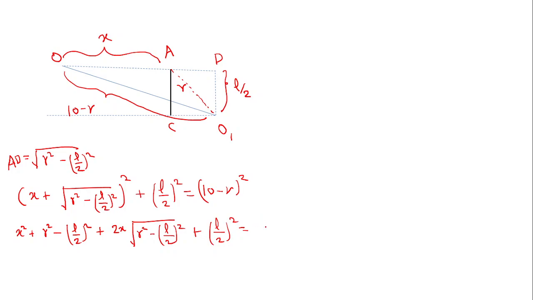Now you see what things are cancelling. You also expand this one, and write it as 100 plus R square minus 20R.